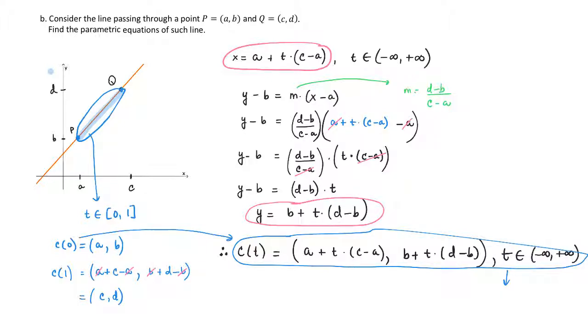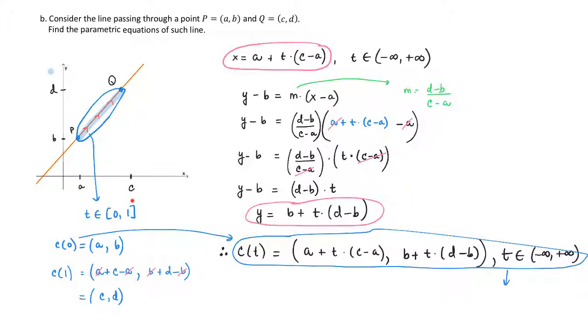So trusting that everything in the middle is going to behave nicely, if we restrict t to the interval 0, 1, we only parameterize the piece of the graph that begins at P and let's say ends at Q. And the direction of motion in this case seems to be in this way, climbing upwards on the line.